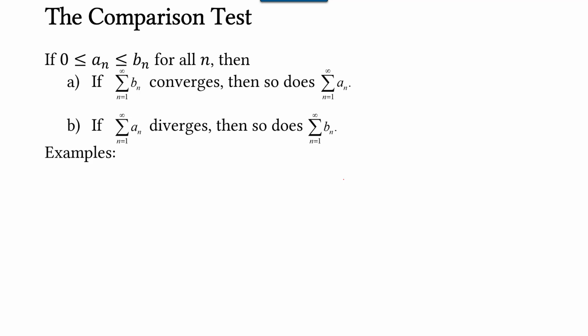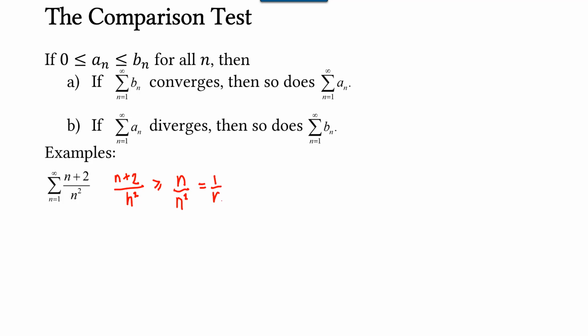Let's take a look at a couple of examples. So here's an unfamiliar series. The nth term is n plus 2 over n squared. And we're going to note that n plus 2 is bigger than n, so n plus 2 over n squared is bigger than n over n squared.